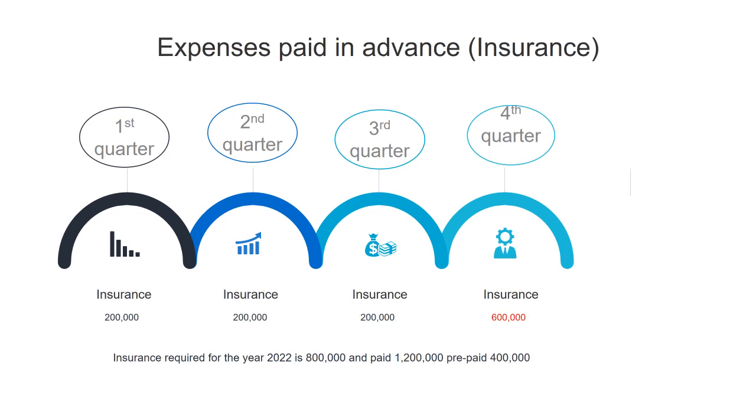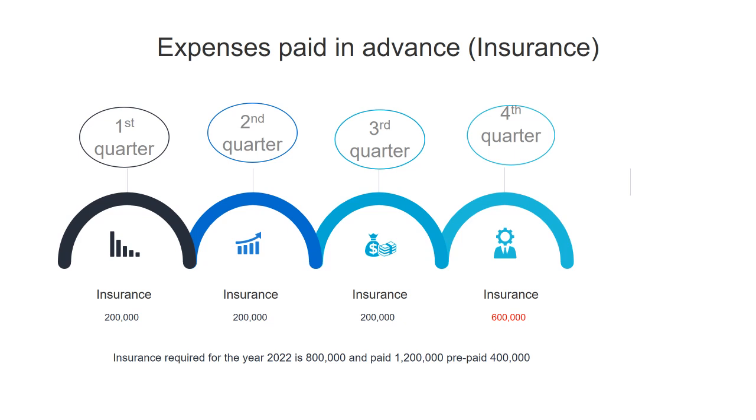And again, the example of expenses paid in advance. For instance, we have insurance that requires each quarter to pay 200,000. But it happened that in the fourth quarter we paid 600,000. So in this case, the amount required for the year is 800,000, and then the actual amount paid is 1,200,000.